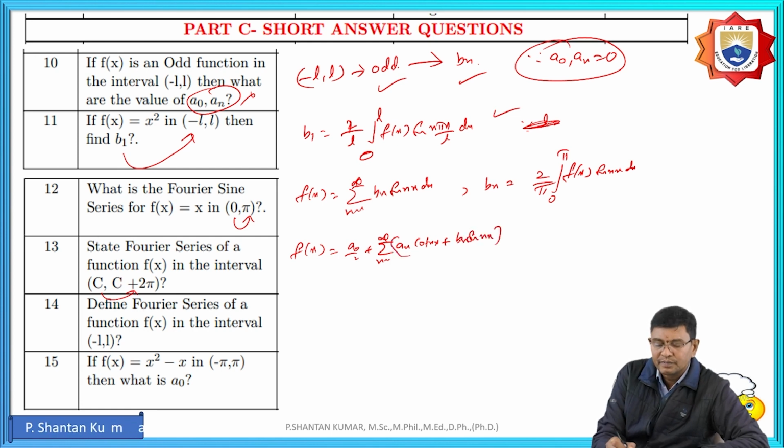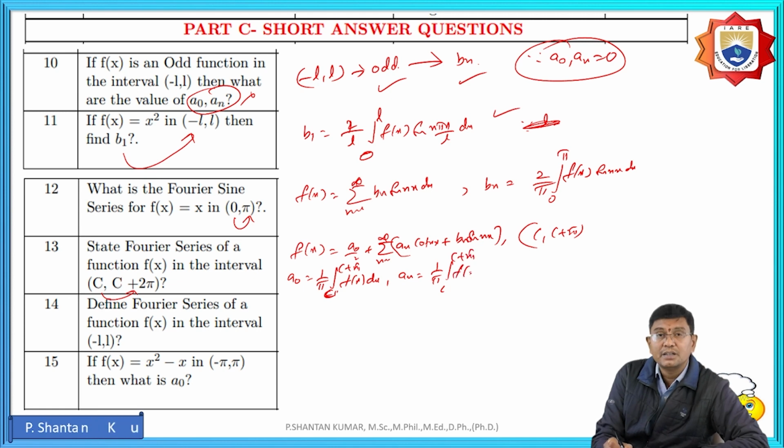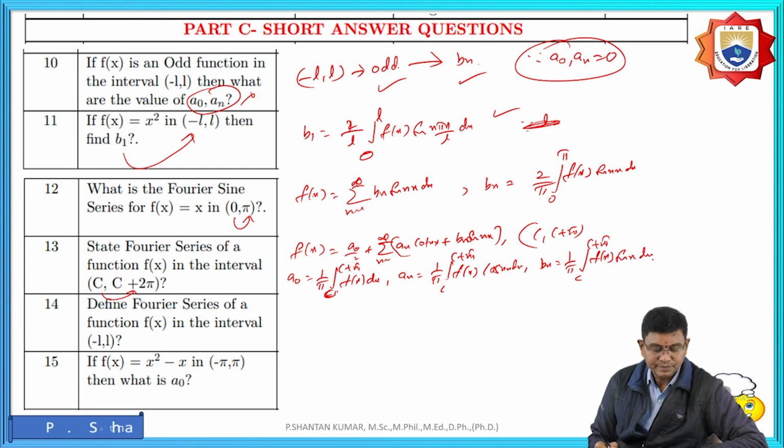If the interval is c to c plus 2 pi, the values are: a naught is 1 by pi integration c to c plus 2 pi f of x dx, and an is 1 by pi integration c to c plus 2 pi f of x into cos nx dx, and bn is 1 by pi integration c to c plus 2 pi f of x into sin nx into dx.